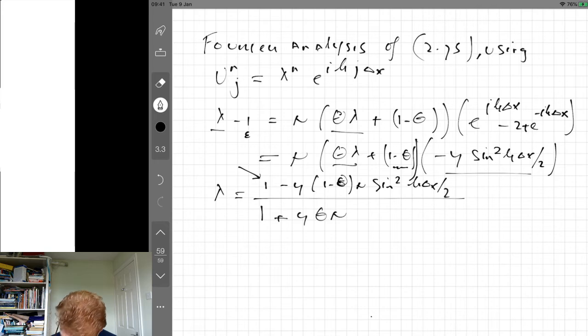The minus sign brought to the left hand side becomes a plus sign, so that's why this is a plus sign.